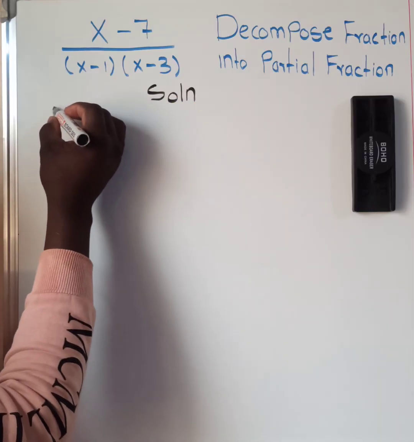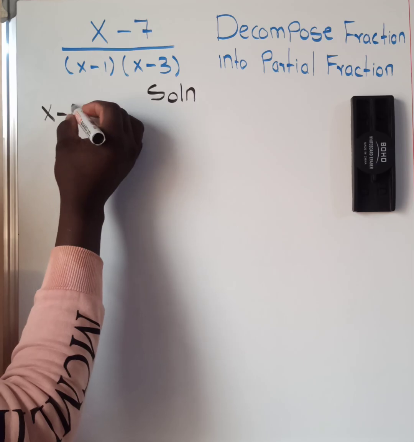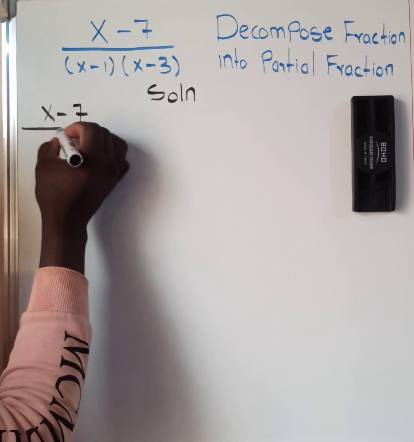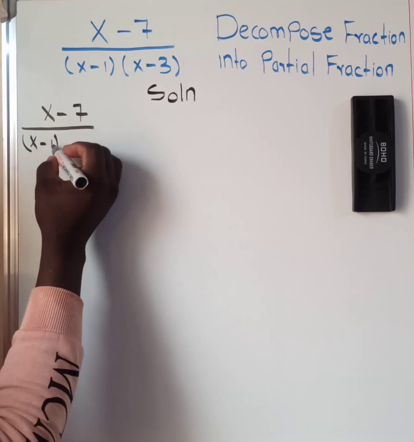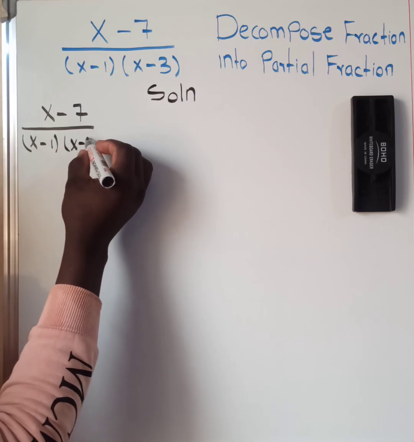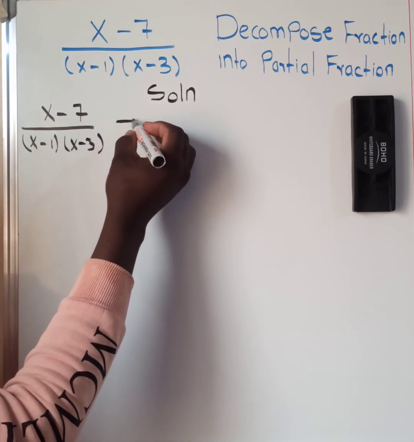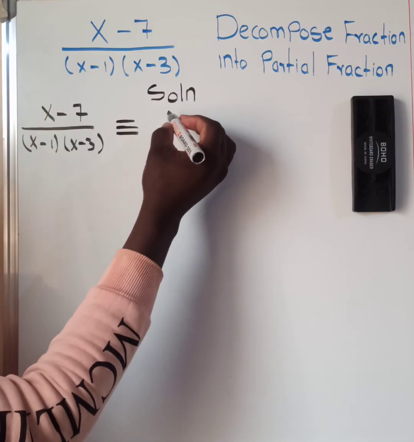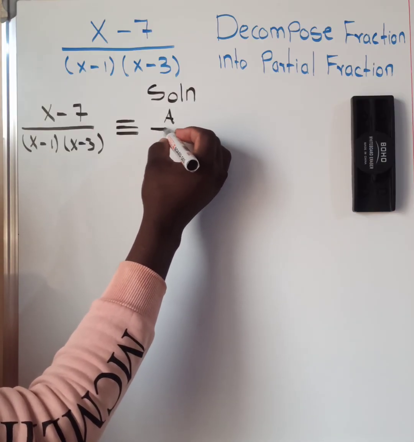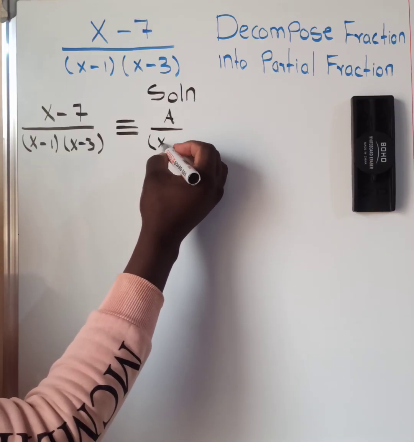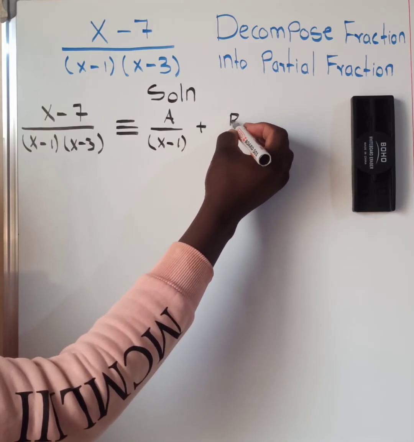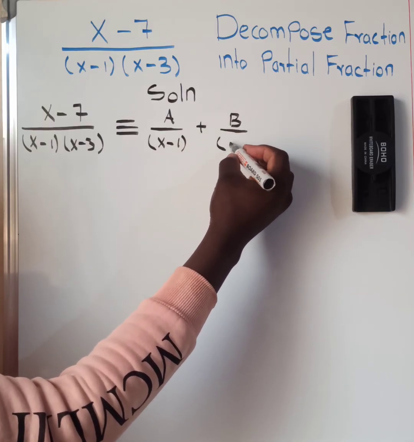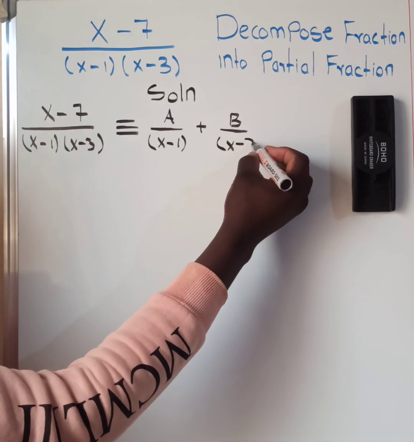So we have here (x minus 7) over (x minus 1)(x minus 3), which is equivalent to A over (x minus 1) plus B over (x minus 3).